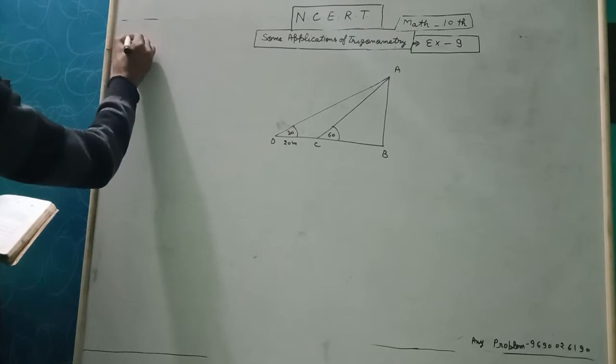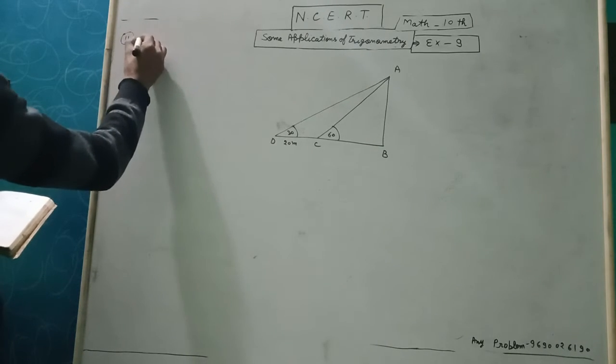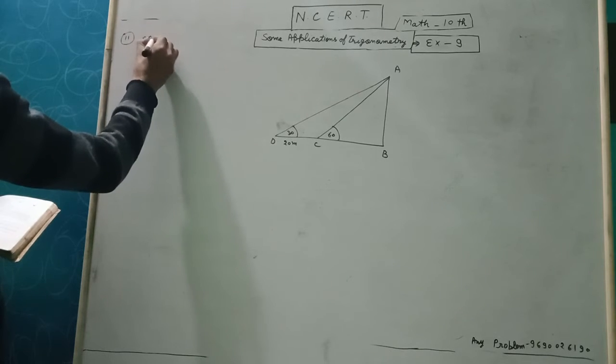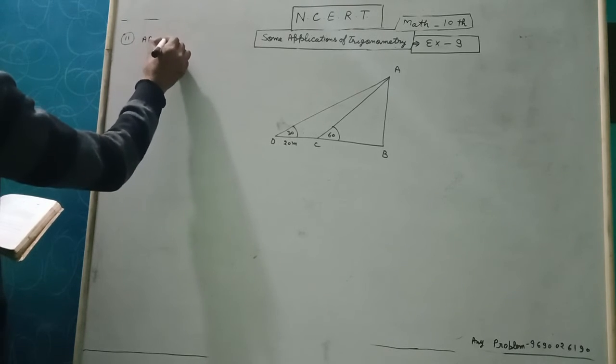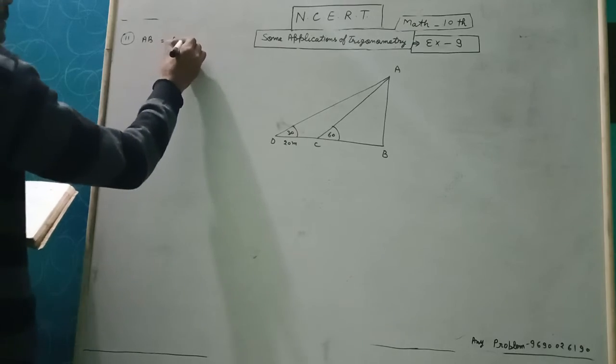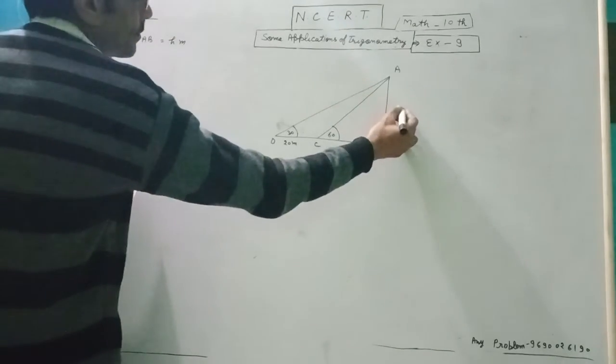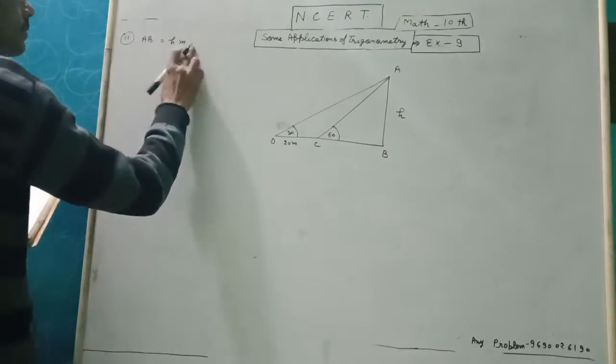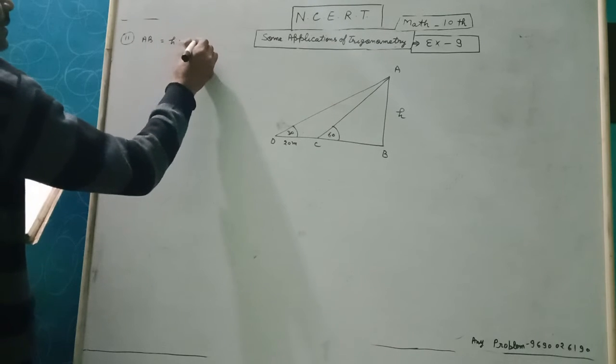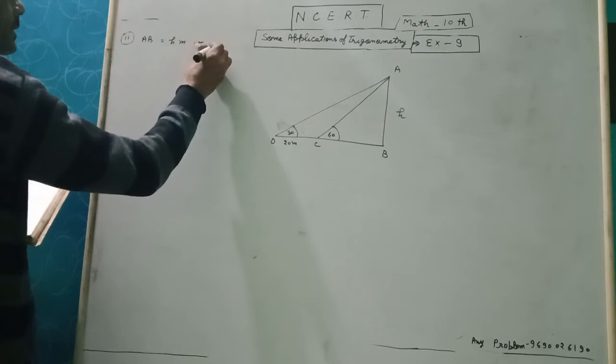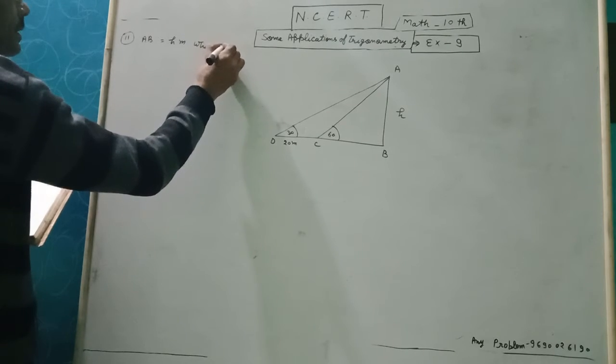Question number 11. AB is equal to h meter. Which TV tower?